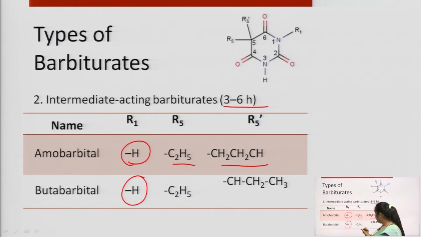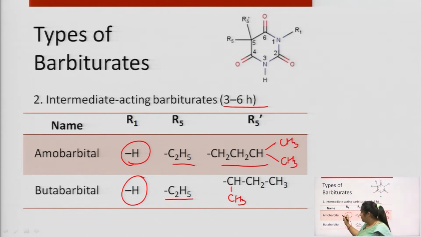In butabarbital, we have 2 substituents here and a butyl substituent here. This is the example of amobarbital and butabarbital.